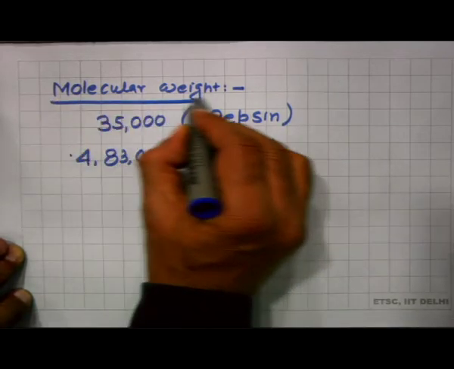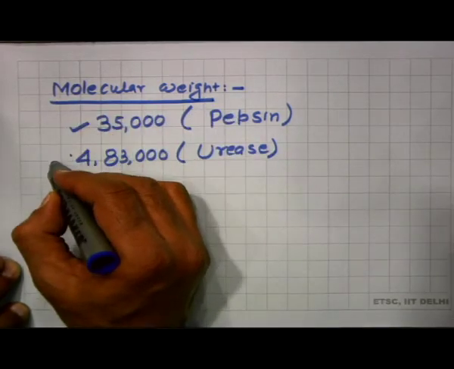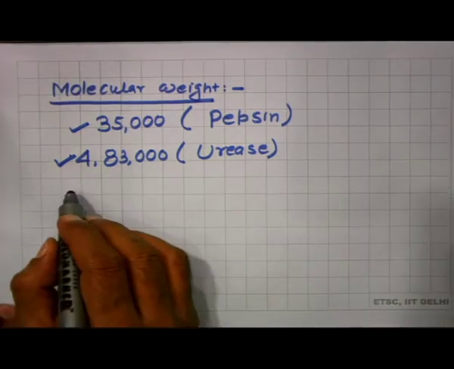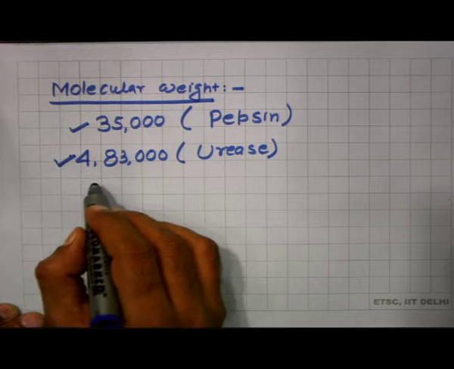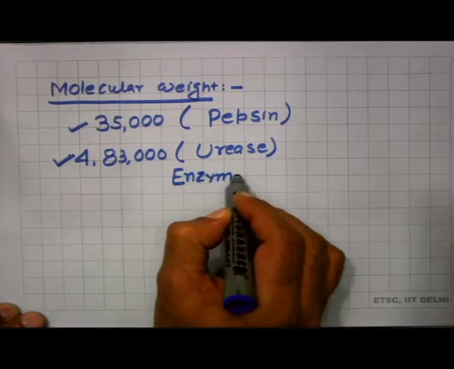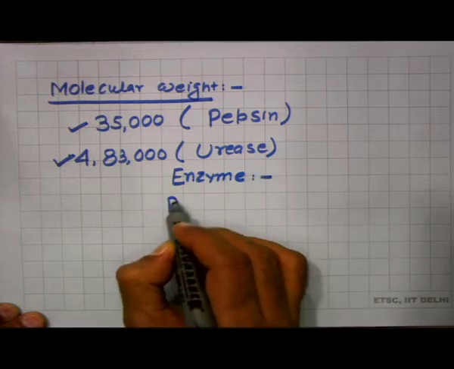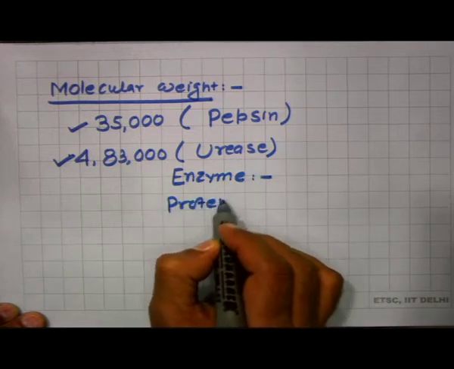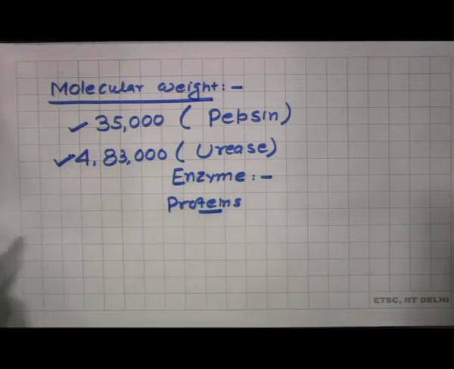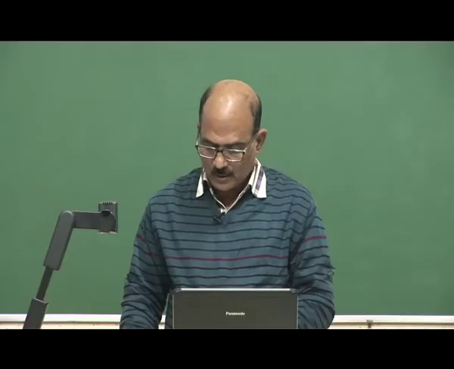So, the molecular weight differs over a variety of ranges, and generally the enzyme consists of proteins. Besides the protein, other non-protein parts are also found in various types of enzymes.